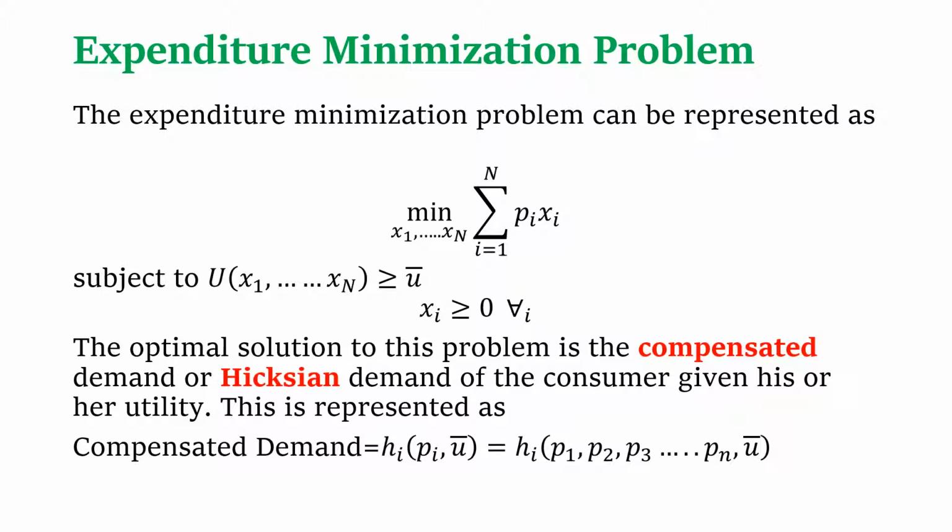We will not be able to obtain the Marshallian demand curve or the compensated or uncompensated demand curve. So this is the main reason why we need that convexity of the indifference curve.